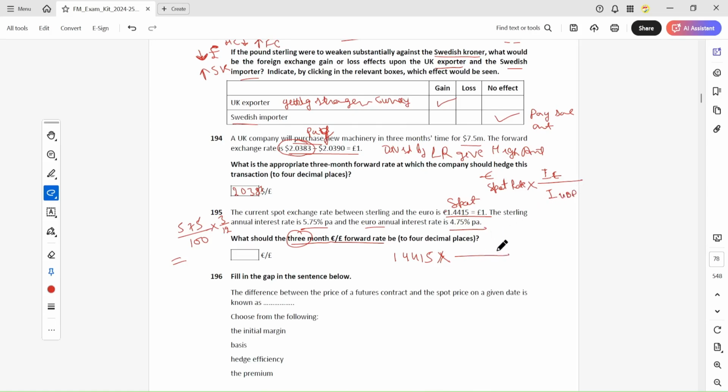Okay, so 4.75 divided by 100 multiplied by 3 divided by 12.